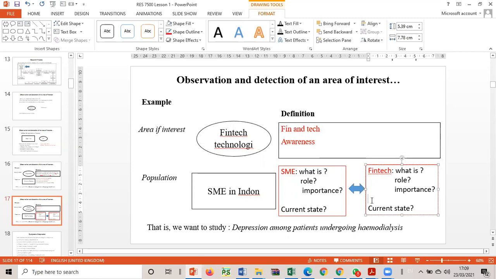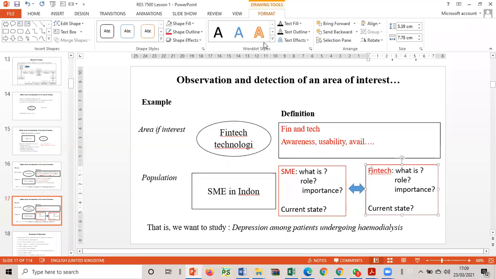We're going to find out why. Is it awareness? Is it the usability? Or is it availability? Whatever it is. Awareness on fintech, usability of fintech, availability of fintech, whatever it is. So you develop your chapter 1.